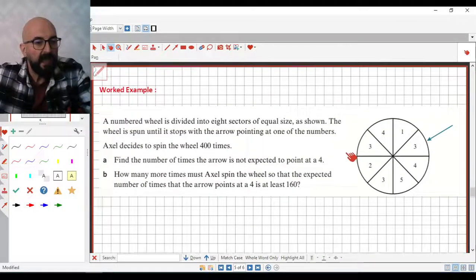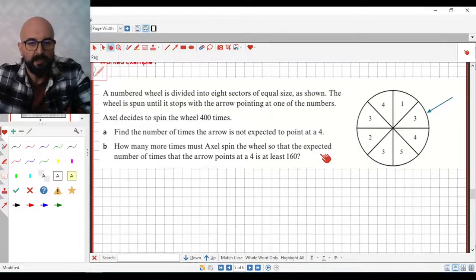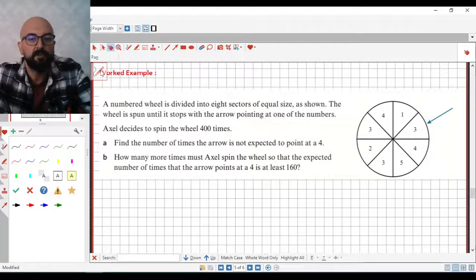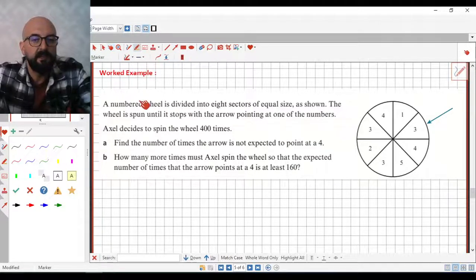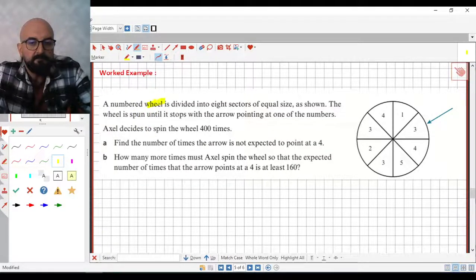And we have the last question about the introduction of probability. A numbered wheel is divided into 8 sectors of equal size, as shown. The wheel is spun until it stops with the arrow pointing at a number.